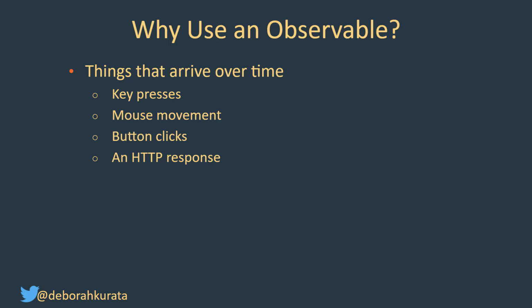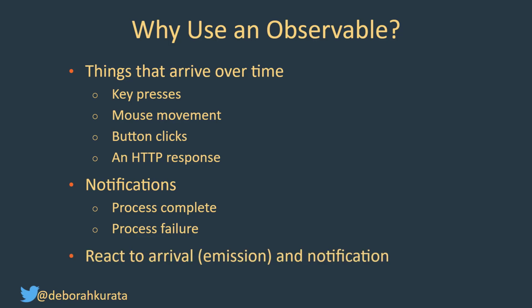Maybe it calls the stored procedure on SQL Server, and it has to collect the data, so it's all taking some amount of time. At some later point in time, that response is actually returned to you, and so it's a really good use of observables. You can also use it for notifications, process complete, process failure, and so on.